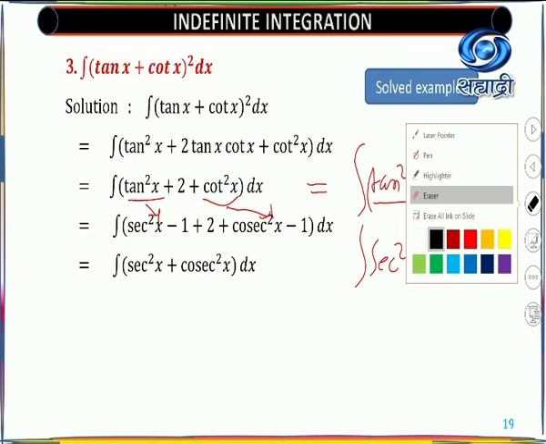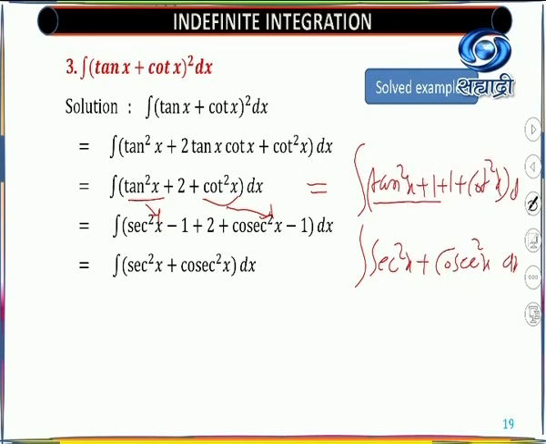Okay, now you know that you are able to separate out the function. So if you separate this, you will get integration of sec square x dx plus integration of cosec square x dx. Now you start thinking whose derivative is sec square x, whose derivative is cosec square x. That you will get. The derivative of tan x is sec square x and the derivative of minus cot x is cosec square x.